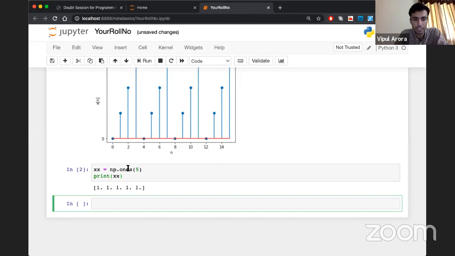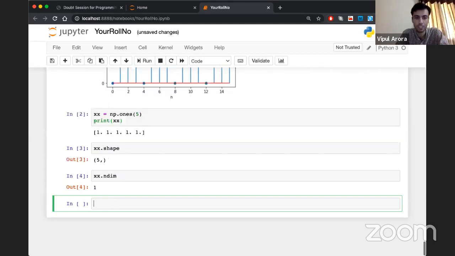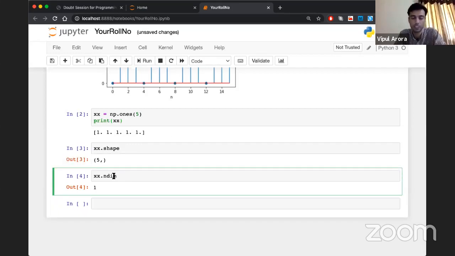So what is x? Basically, it's a NumPy array of length 5. And if any array is given to us, I want to see what is the shape. So shape will be 5, comma, nothing. Basically, it's a one-dimensional array of length 5. This dimension is 5. So it's a vector of length 5, basically. And if I say x.ndim, this will show me the number of dimensions. It has got only one dimension. It's a tensor of order 1, right?